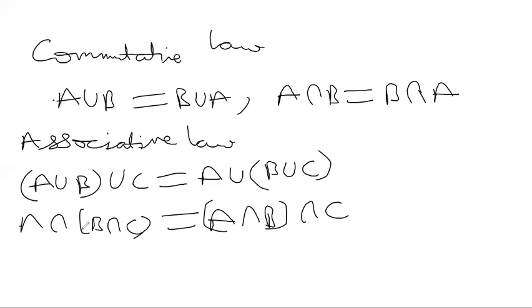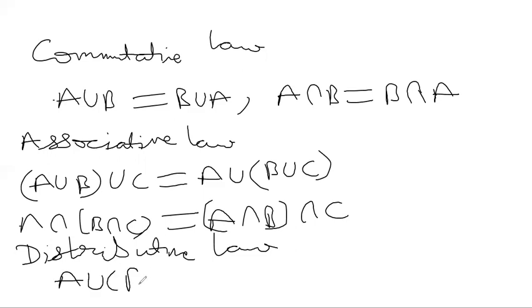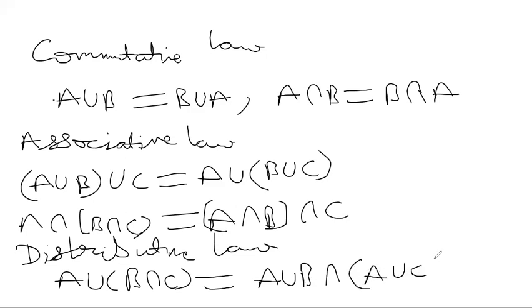Now we will talk about distributive law. What is it? A union (B intersection C) is equal to (A union B) intersection (A union C). In this way. And if you are taking intersection here and union here, then this will be replaced by union, and this will be replaced by intersection. And same thing. So this is also clear.